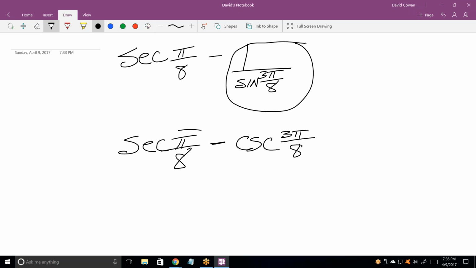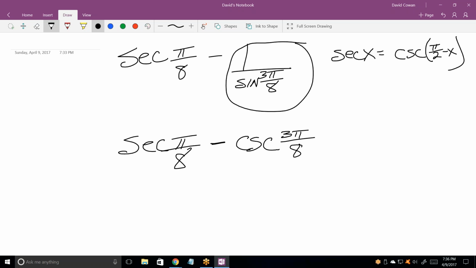Now again, notice that that plus that equals 90 degrees. So we're looking at the cofunction property. And the cofunction property for secant is the secant of x equals the cosecant of pi over 2 minus x.